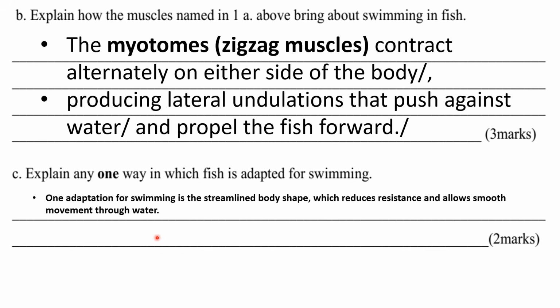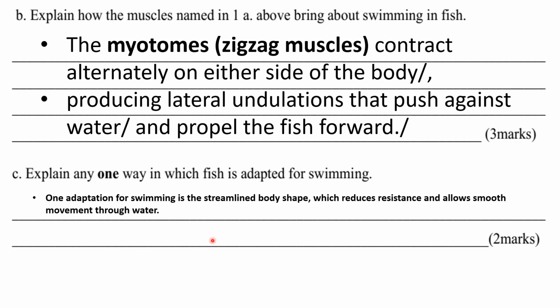They also have what is called a swim bladder. A swim bladder is simply a gas-filled sac that controls floating. So fish adjust the gas in the swim bladder to float at different depths without sinking or without wasting energy.